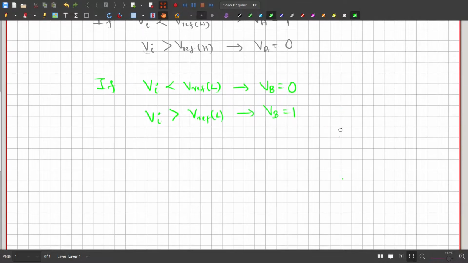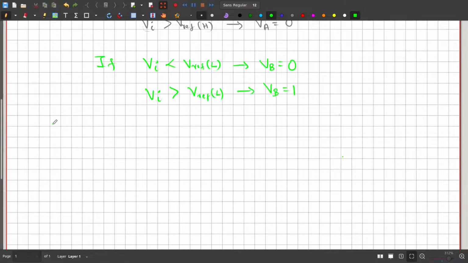The next thing to check is the moment before the input is switched on, when both V ref of L and V ref of H are greater than the input voltage.